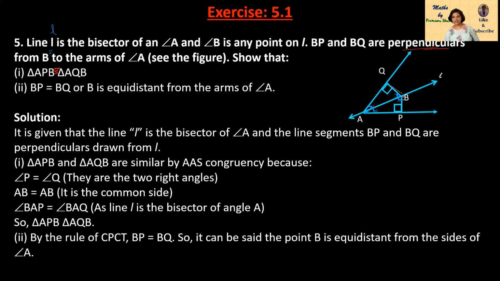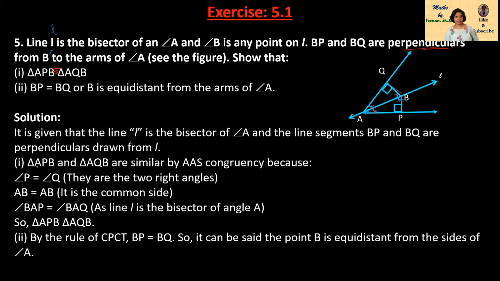Then this line L is bisecting the angle A and B. So these two angles will be equal and these two angles will be equal to each other. And this is the common side of both the triangles. So by ASA rule, we can say these two are congruent triangles.